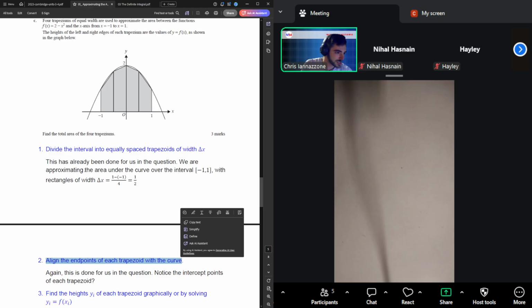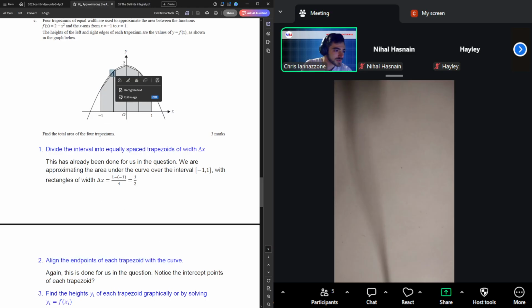Again, if you have to do this yourself, you align all of those endpoints up. The good news with the trapezium method is that there's no left or right endpoint to do. Both of them are aligned, right? This is the left of that one, the right of that one, the left of that one, the right of that one. They're all used, and there's only one way.